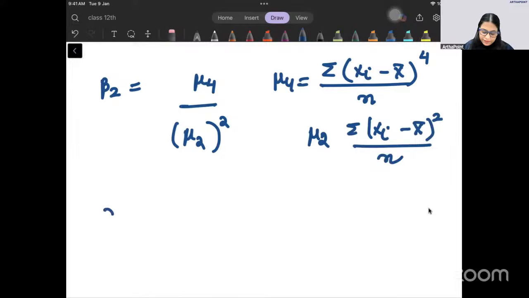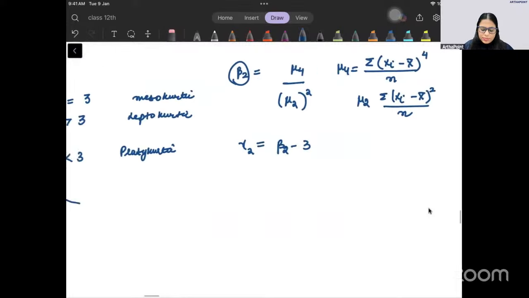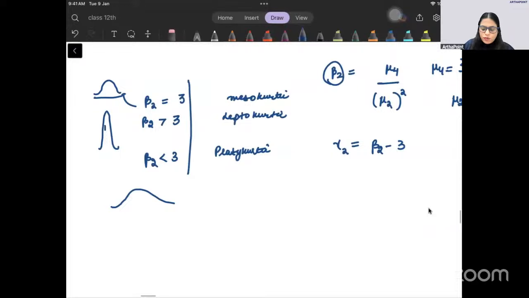Okay. And we can also find something called gamma 2. Mostly in practice we use gamma 2. Gamma 2 is nothing but whatever beta 2 you get minus 3. So if beta 2 is 3, what will gamma 2 be? 3 minus 3, 0. If beta 2 is more than 3, what will gamma 2 be? More than 0. If beta 2 is less than 3, what will gamma 2 be?